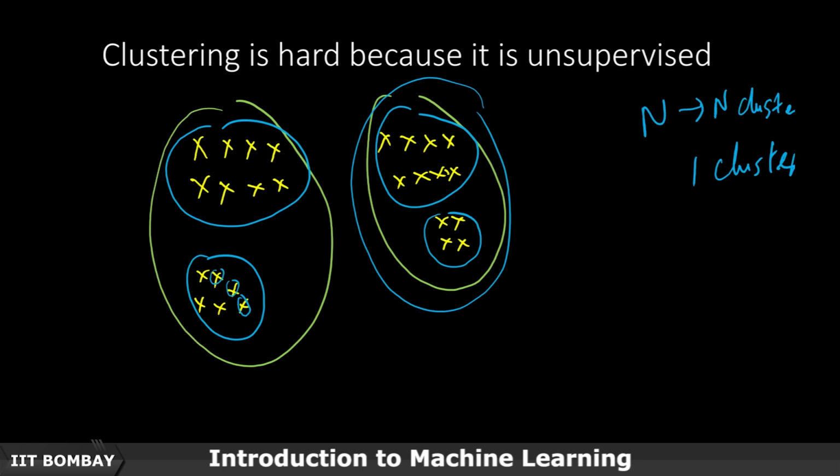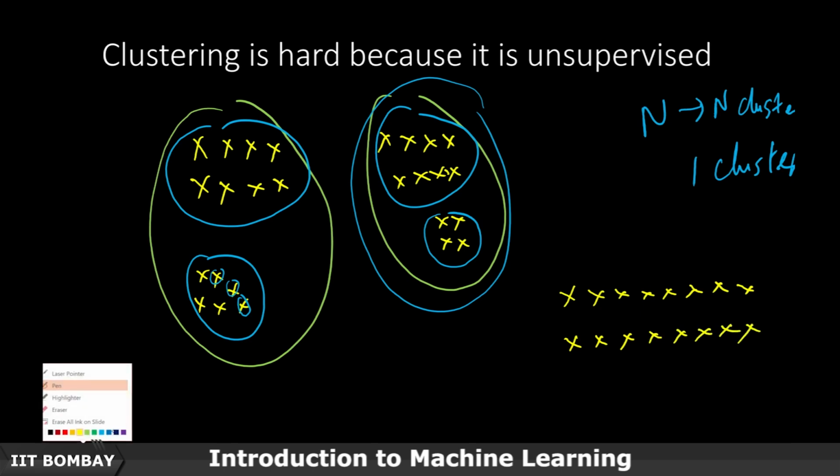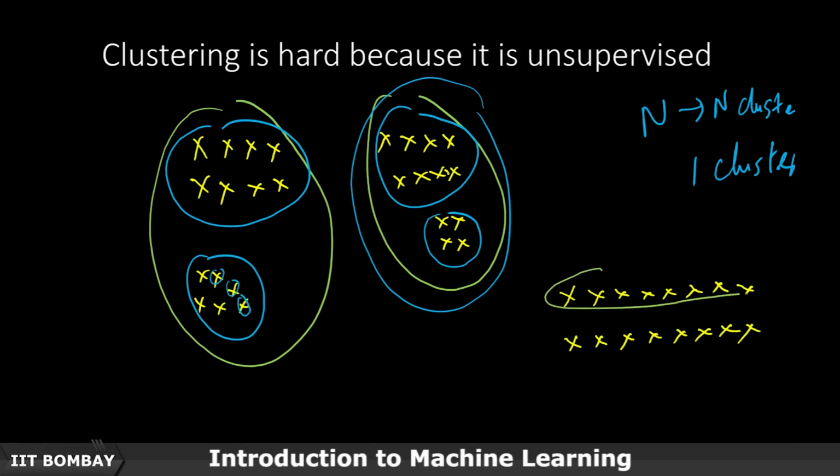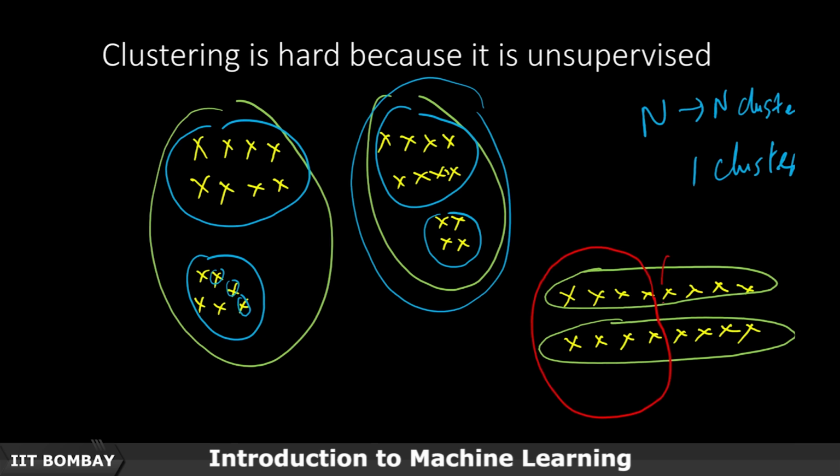Another example could be, let's take another set of samples. Let's say now we have points that form a line, and then we have another set of points that form a line which is close to the same line. In this case you might want to consider this to be one cluster and this to be another cluster, whereas it's also possible that you may want to consider these set of points as one cluster and these set of points as another cluster.